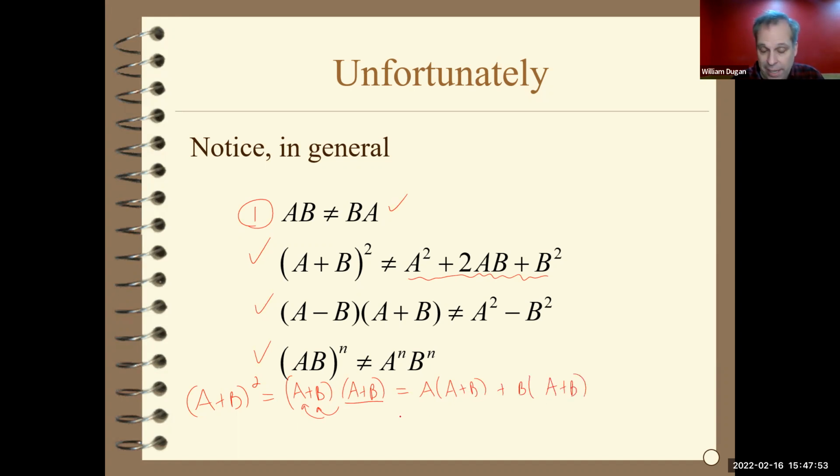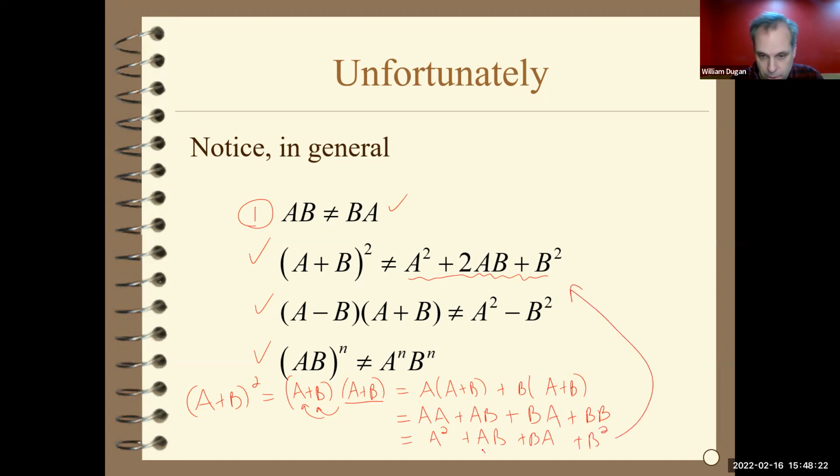But then again, by distribution, this would be A times A plus A times B, again not changing the order of the symbols, plus B times A plus B times B. But assuming that you can actually square it, assuming the sizes are correct so the notation works, this can be written as A squared plus AB plus BA plus B squared. And notice that's not this.